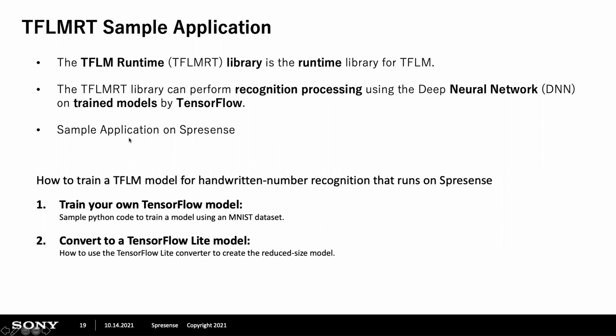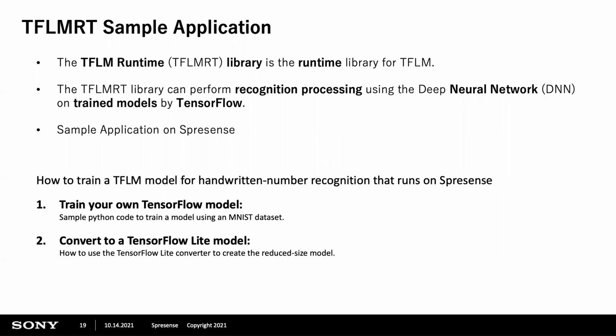Here, I show you a sample application. When we go through this application, you learn how you can build your model and use Spresense directly for TensorFlow. This example is nothing but handwritten number recognition. Imagine you have a bunch of pictures of handwritten numbers, and you can look at each of them and recognize if this is a 9, if this is a 0, and so on.